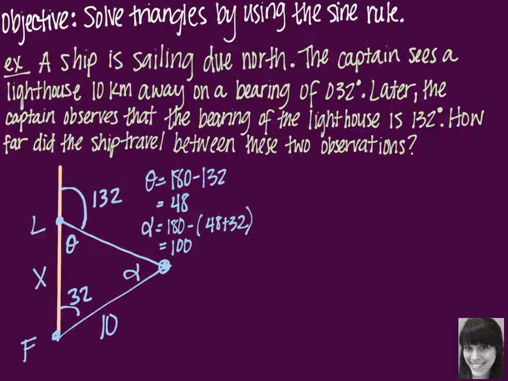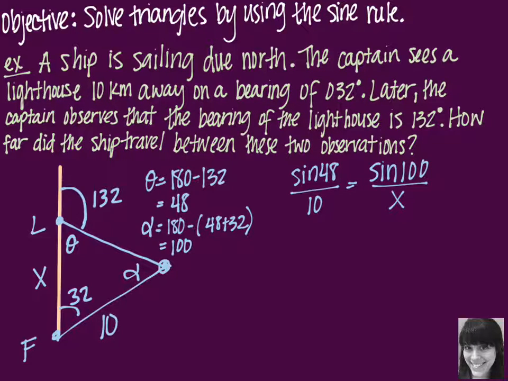So now that I've found those angles, I just need to determine which proportion I need to set up. I have this angle and its opposite side, so I know that that's going to be the first proportion: sine of 48 divided by 10. Now, I'm trying to find x, and I know that the opposite angle is 100, so I can use that proportion as well: sine of 100 over x.